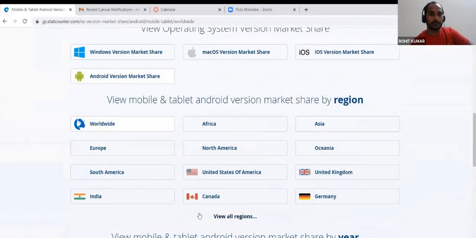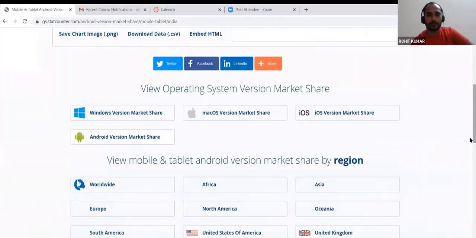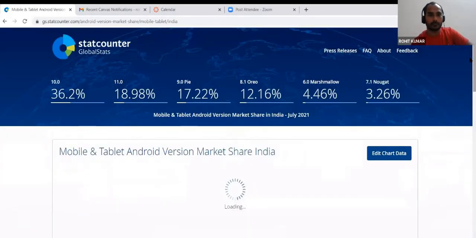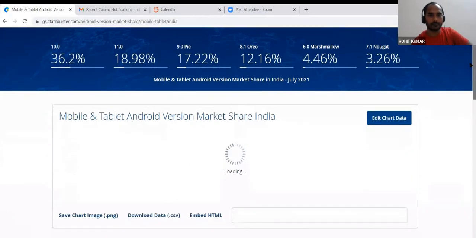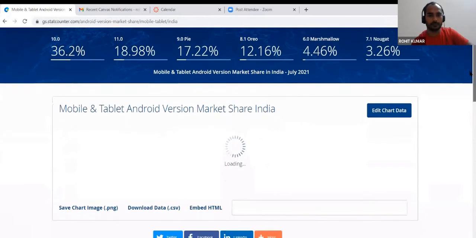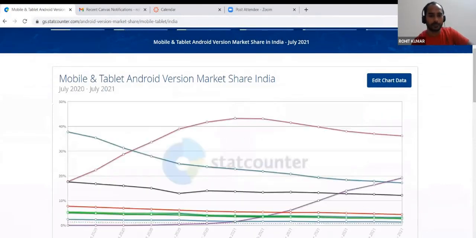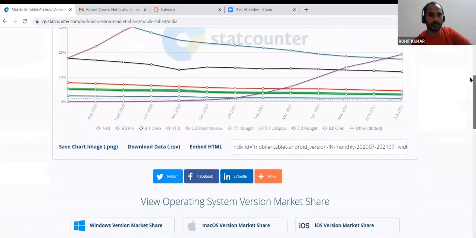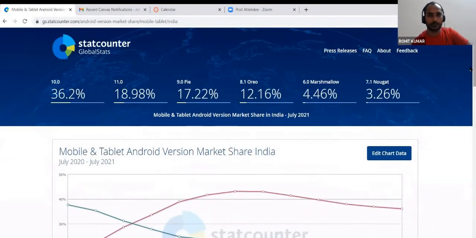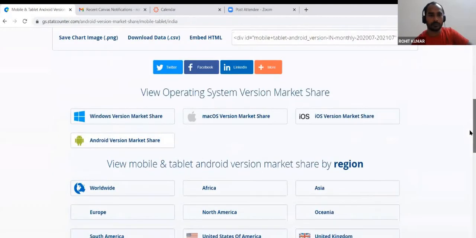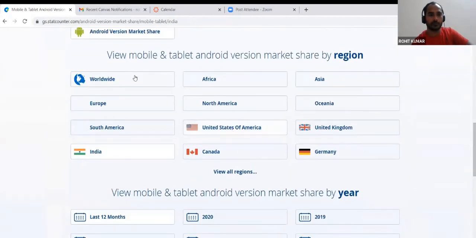So with respect to India, it is taking too much time, leave it. I want to show in India, this is the scenario in terms of Android, and this is the worldwide scenario.